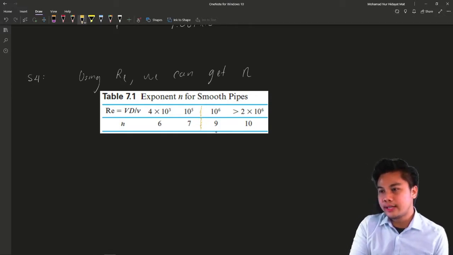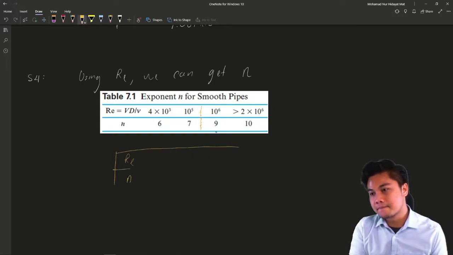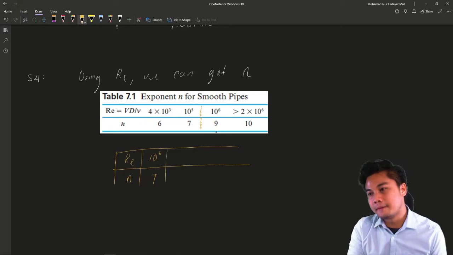So we need to create a table: Reynolds number and n. We start with the smallest one, 10 to the power of 5, which corresponds to n of 7.